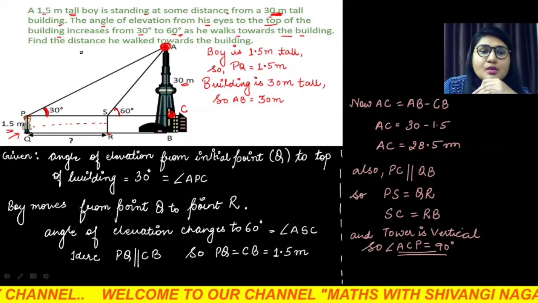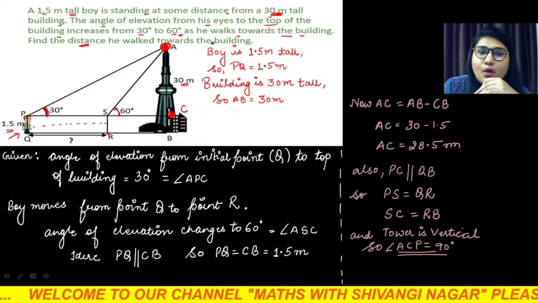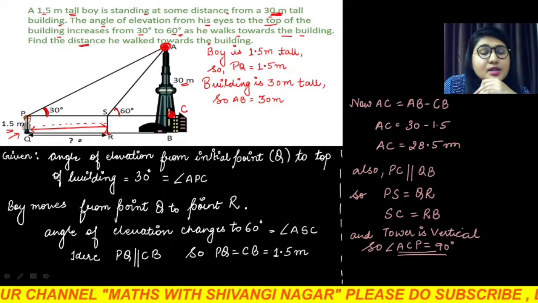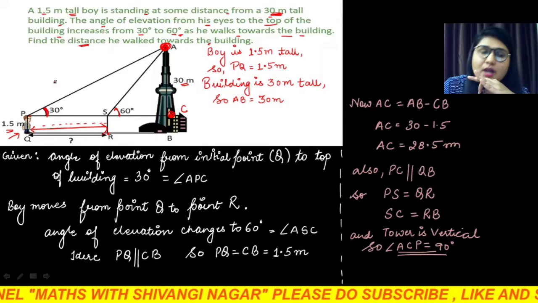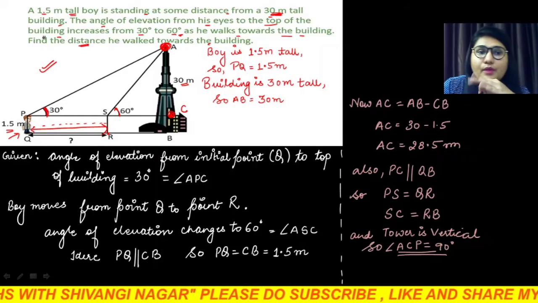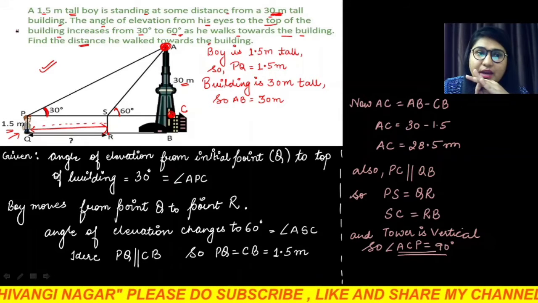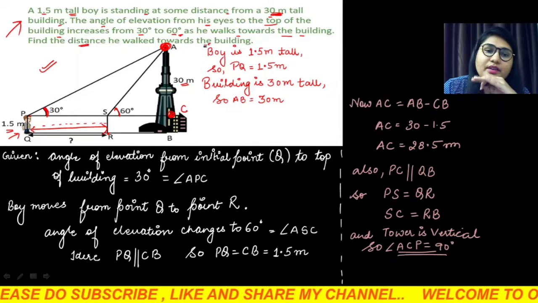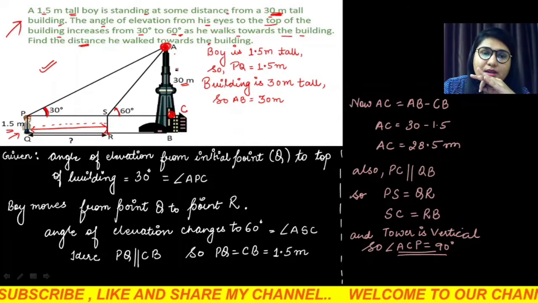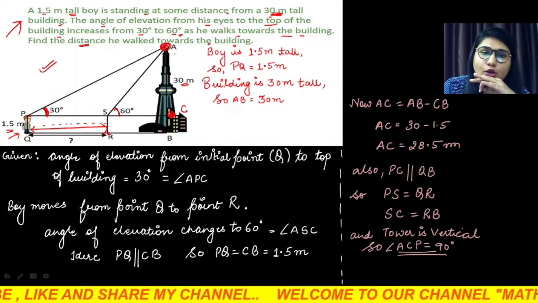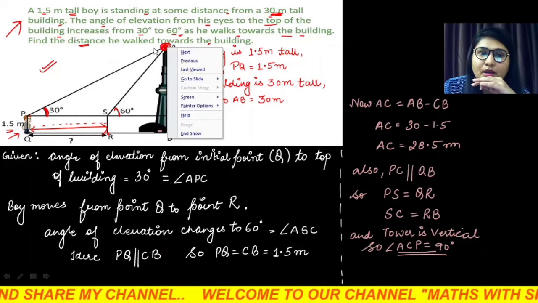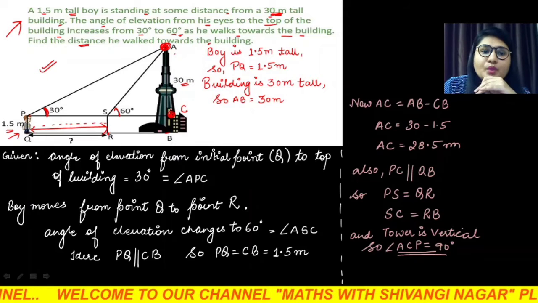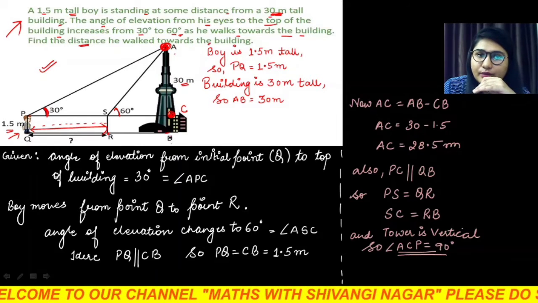We are asked to find the distance he walked towards the building. That means we have to find this QR distance, because this is the only distance he has moved. So this is the diagram we have made from the given information. The top of the building is A and the foot is at point B, so AB is the height of this building.